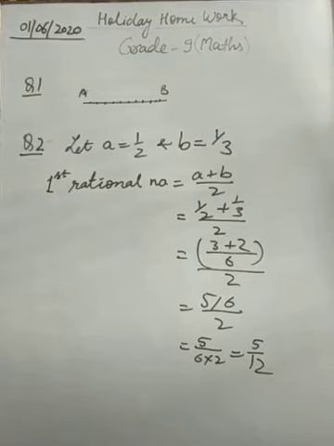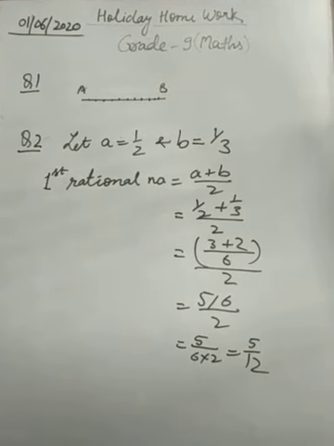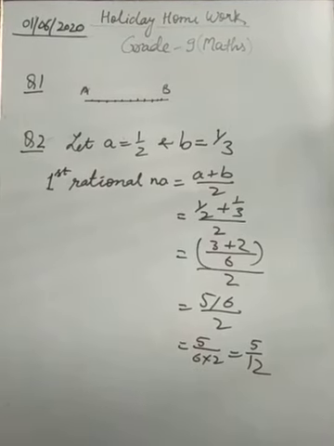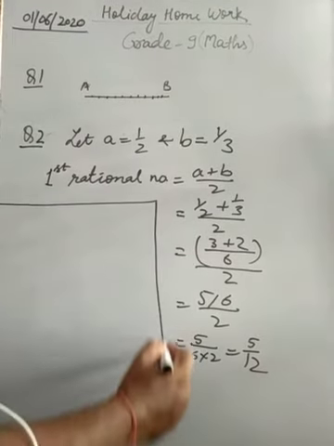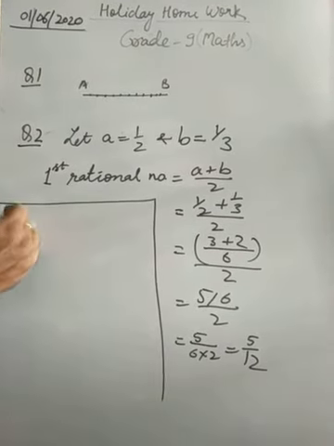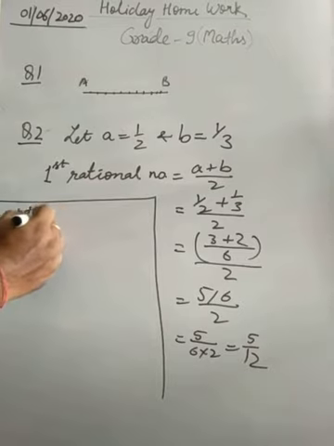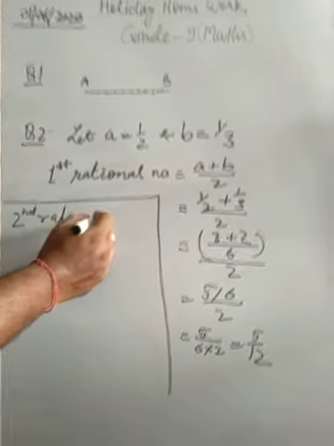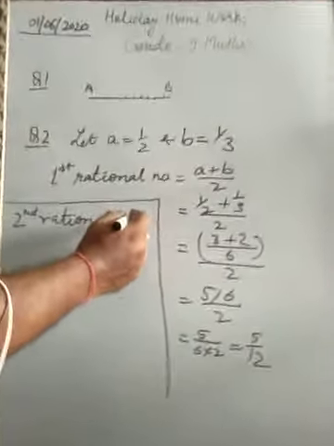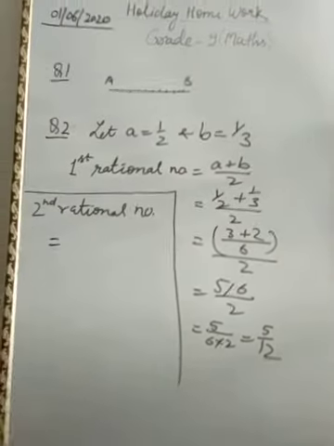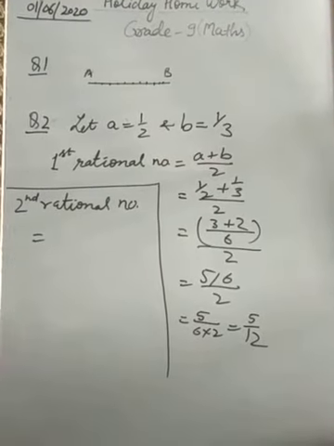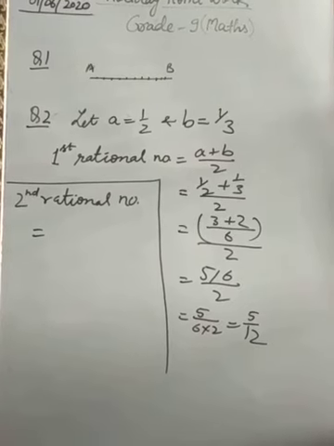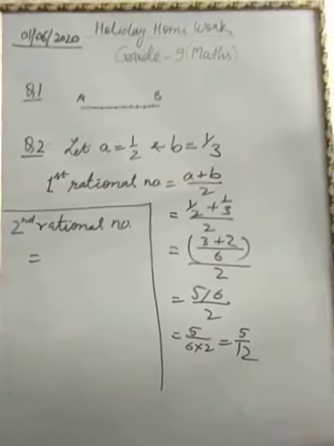Let us move to the next rational number, that is the second one. Again we will use the same formula. If one formula is repeating in the same question again and again, then there is no need to write the formula.